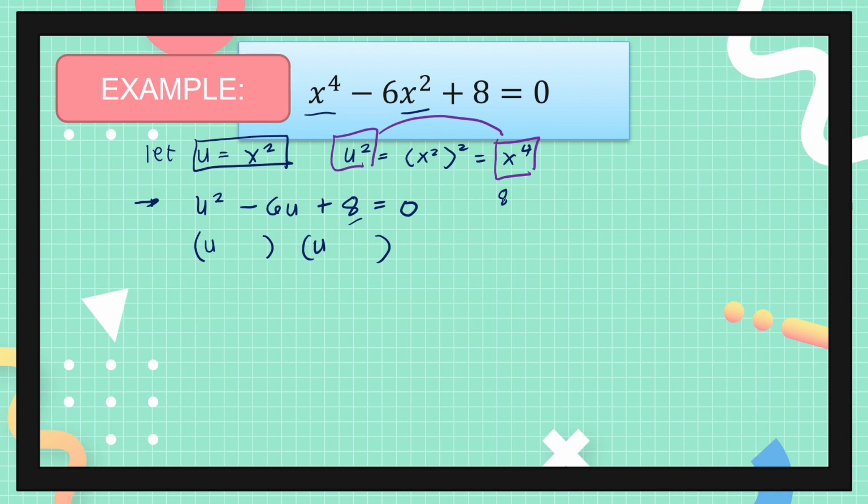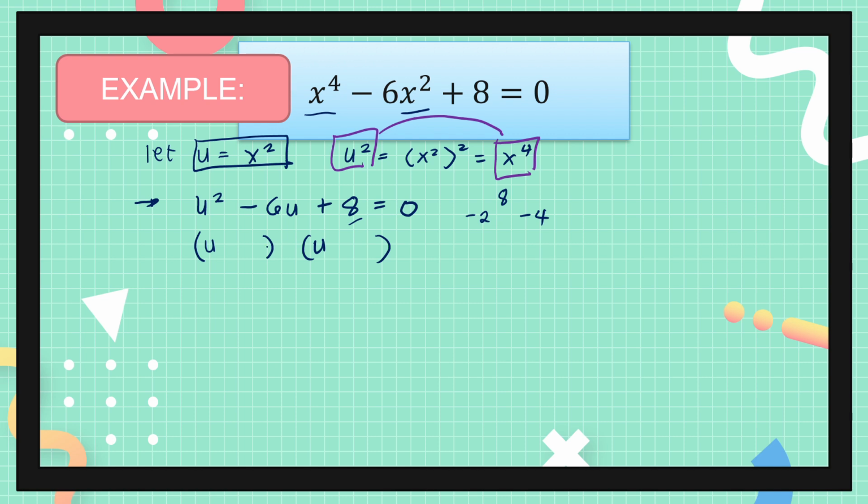Since positive 8 has the same sign, and since the sign of the middle term is negative, the factors are both negative. So it will lead us to the factors negative 2 and negative 4. Negative 2 times negative 4 is positive 8, and negative 2 plus negative 4 is negative 6.